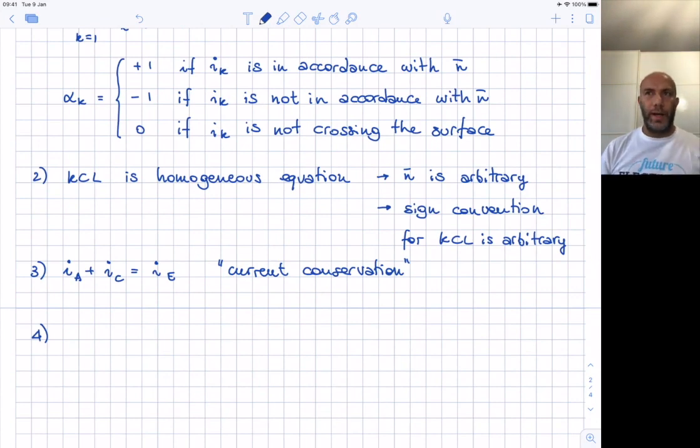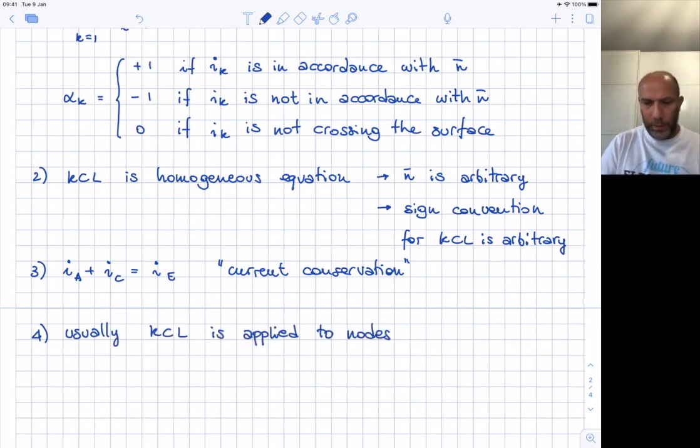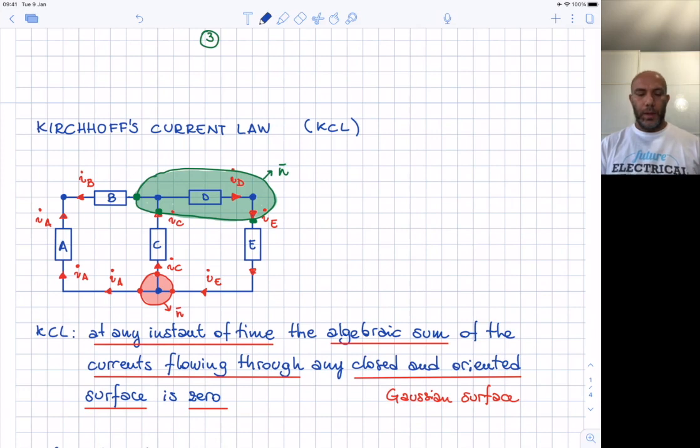Usually, the Kirchhoff current law is applied to nodes. I mean that usually we apply the Kirchhoff current law to closed surfaces that are similar to the red one and not to the green one, even if in some cases being more flexible with the definition of the surface may help us in reducing the number of calculations.